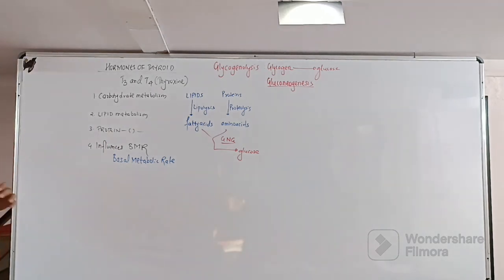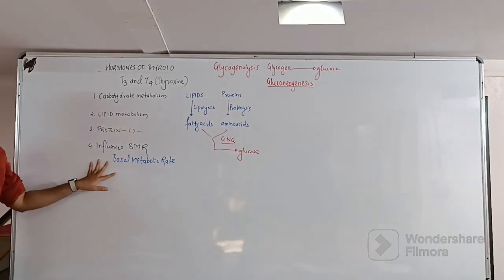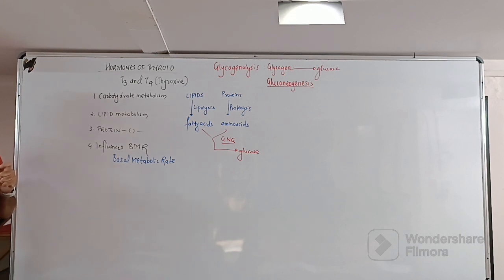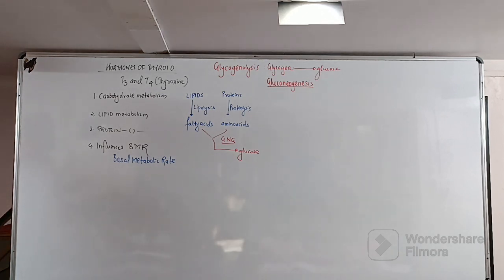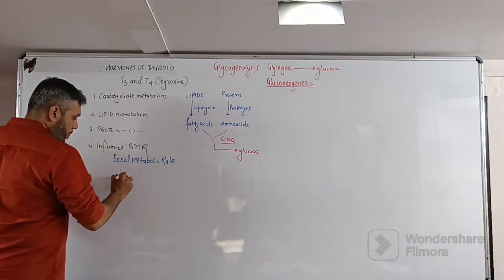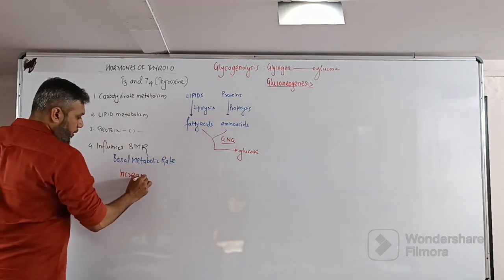At that time, your body is working on the basal metabolic rate. But as you get up and go for a jog, is your body working on BMR or energy plus the BMR? Energy plus the BMR. So thyroxine helps in increasing your BMR. Thyroxine increases your basal metabolic rate.